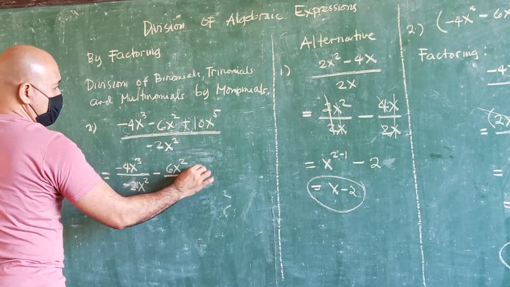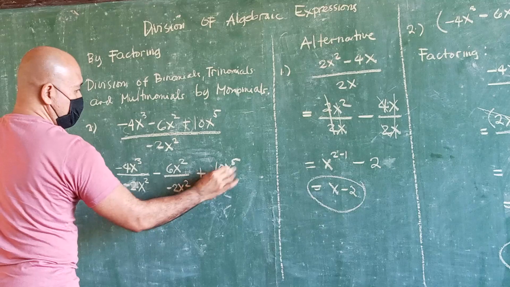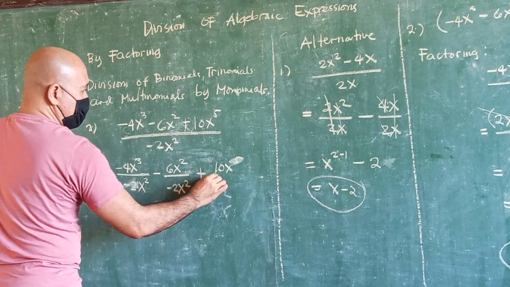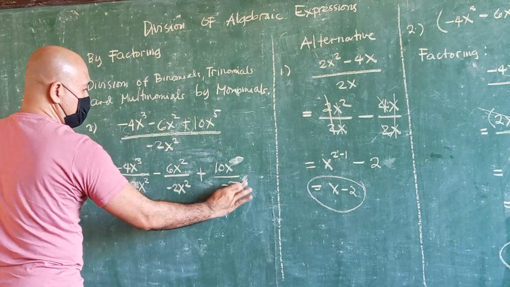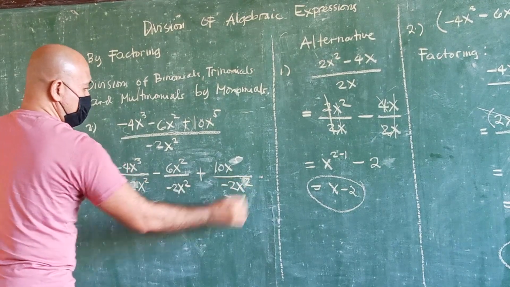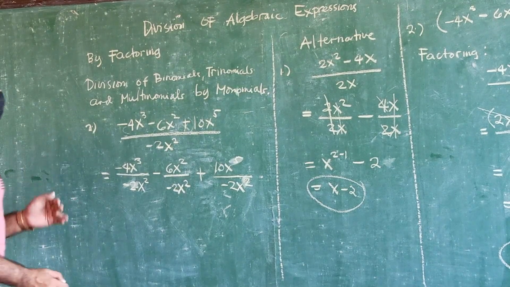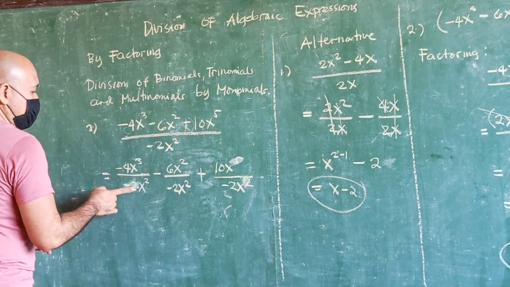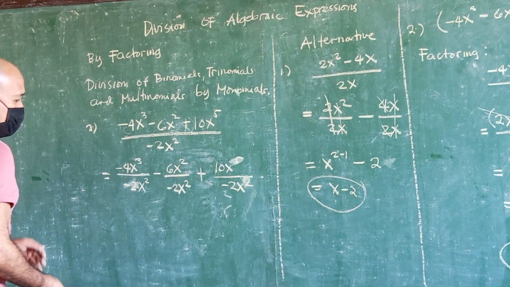And then plus 10x raised to the power of 5 all over negative 2x raised to the power of 2 here. You can also do this process. Then cancel the common numerator and denominator one by one, term after term.